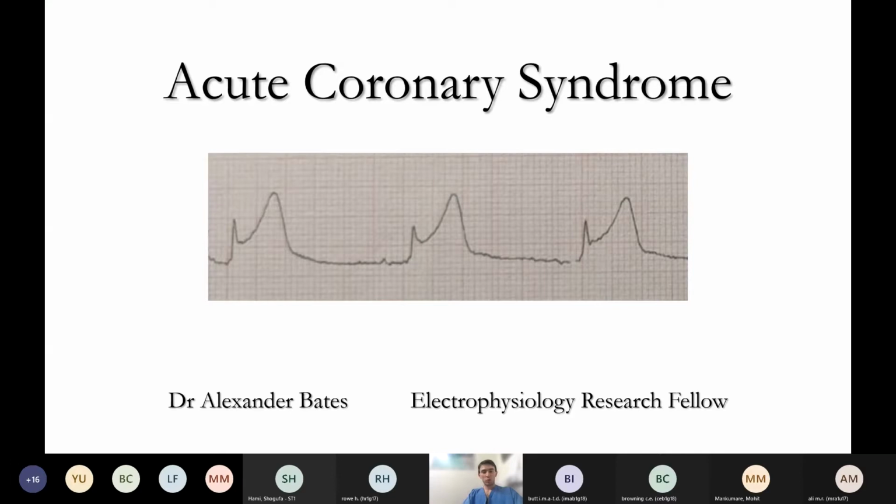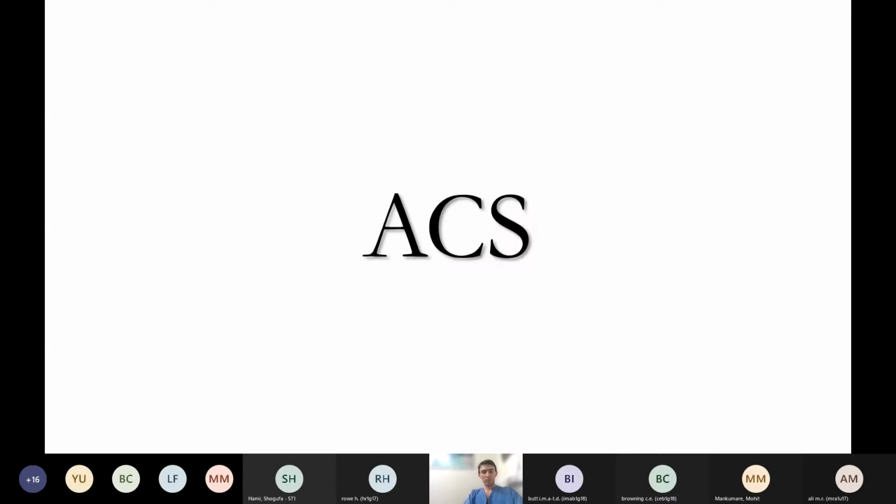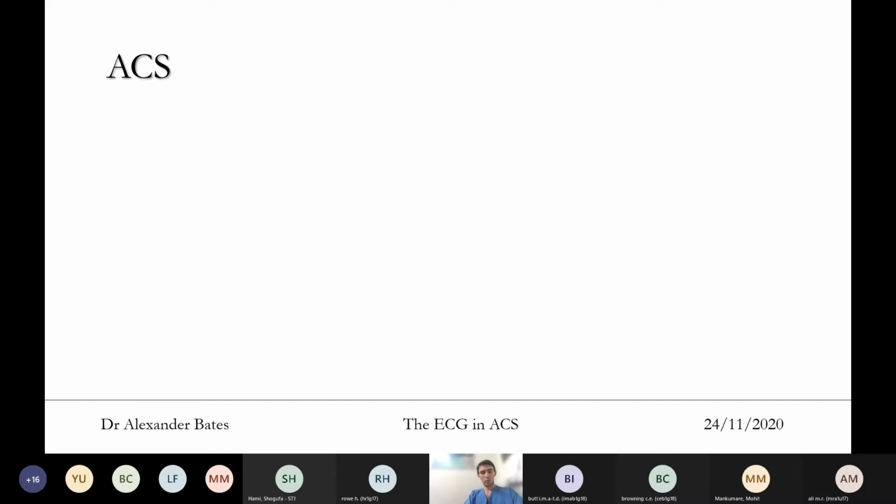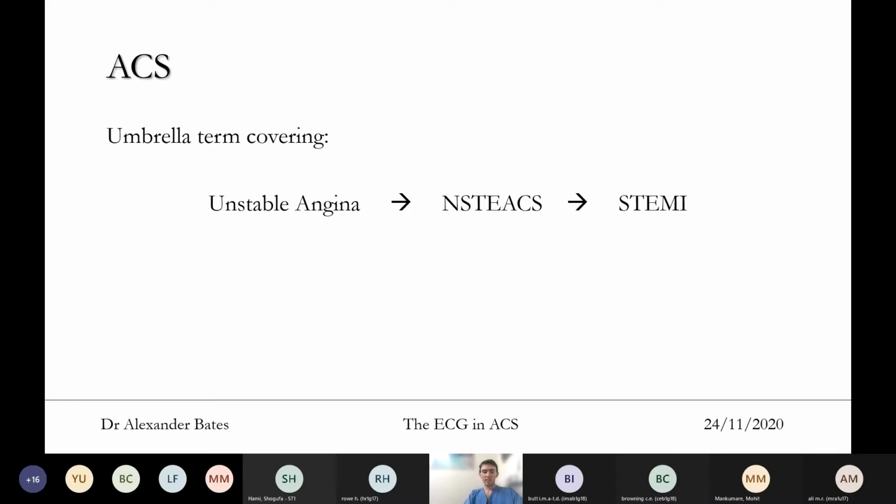So let's begin. Acute coronary syndrome. ACS is the acronym for acute coronary syndrome, and let's go through a little bit of background to give a bit of perspective here. ACS is more of an umbrella term than a specific diagnosis.